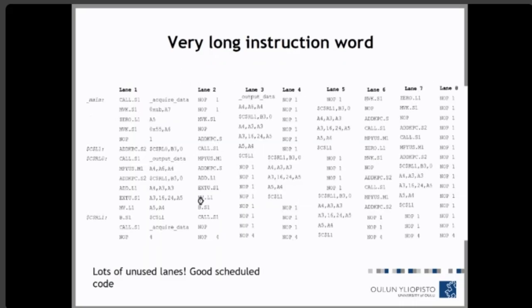Code density is another problem. Even in this good example that I wanted to show you, you can identify lots of no operations here and there, and this is bad. It means that this hardware is sitting there consuming power, doing nothing, so it means less efficiency. The customer is unhappy too.